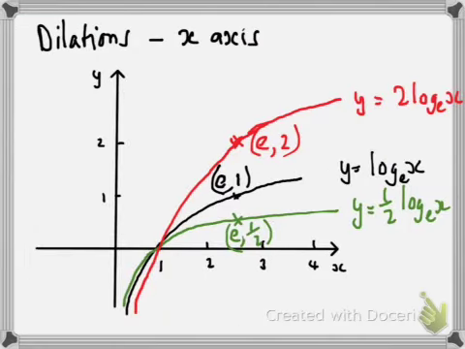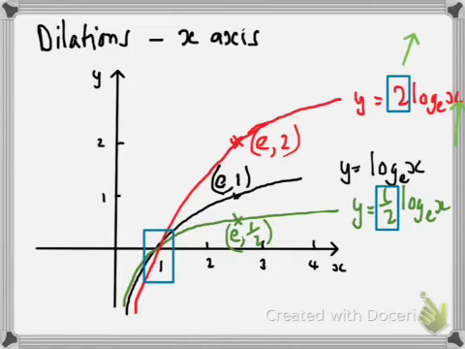Dilations in the x-axis. As we saw with our previous graphs, the exponential graphs, the number out the front here gives us our dilation. You'll see that still common to all these graphs is that intercept there, (1, 0), that hasn't changed. Because if x equals 1 here, that means we get log 1 to the base e, which is 0. 2 times 0 is 0.